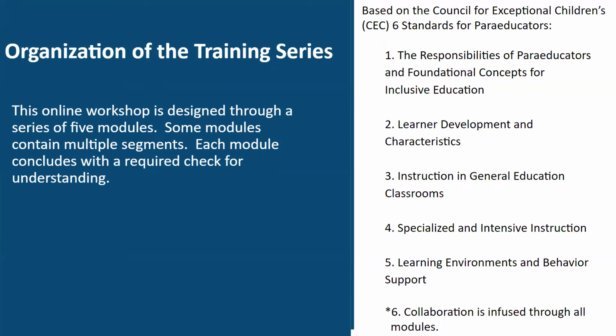The modules are listed on this slide and include 1, the responsibilities of paraeducators and the foundational concepts of inclusive education, 2, learner development and characteristics, 3, instruction in general education classrooms, 4, specialized and intensive instruction, and 5, learning environments and behavior support. The 6th standard, collaboration, is infused throughout all of the 5 modules, rather than being included as a standalone module.